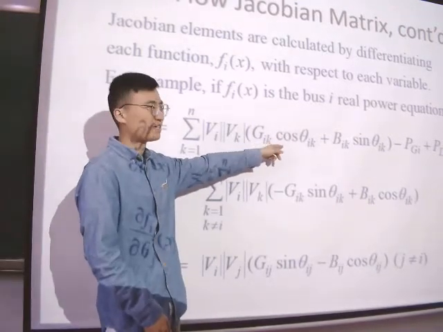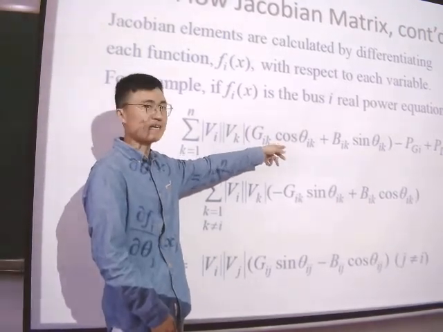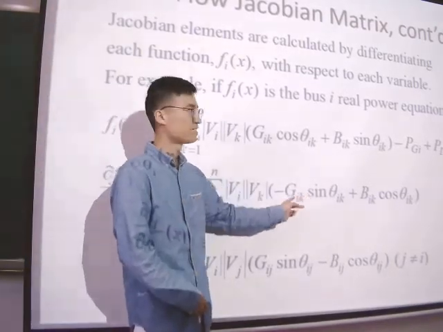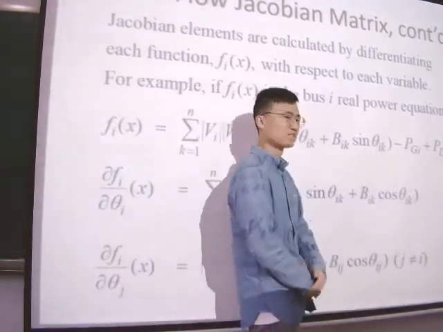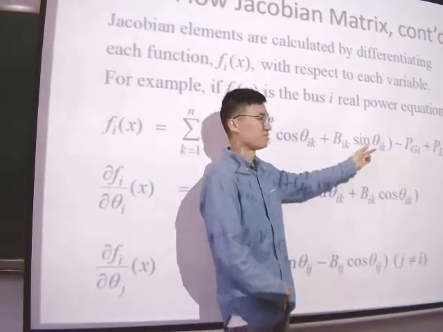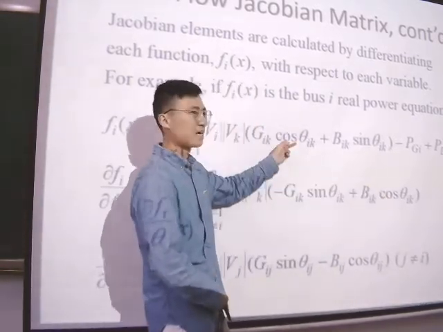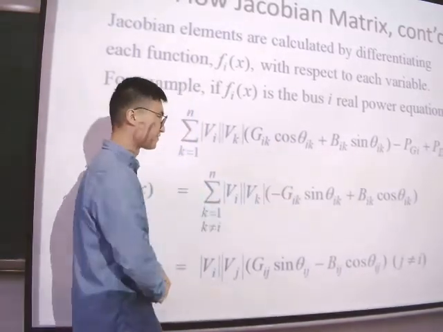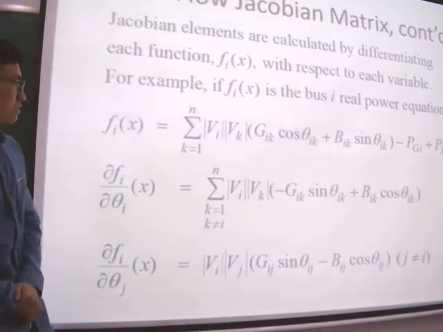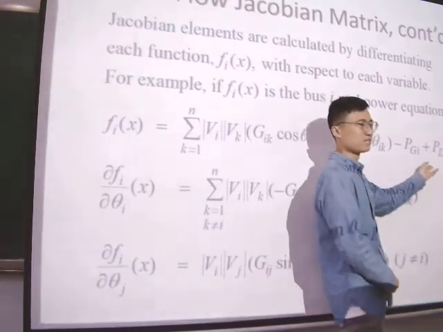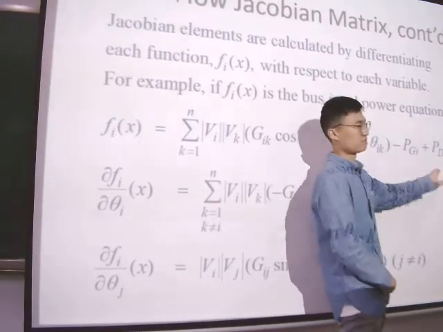What is the differentiation of cosine? It is equal to minus sine. How about sine? The derivative of sine is cosine, but the derivative of cosine is minus sine. Do not forget this, okay? In differentiation, this term is a constant power, so it is 0.